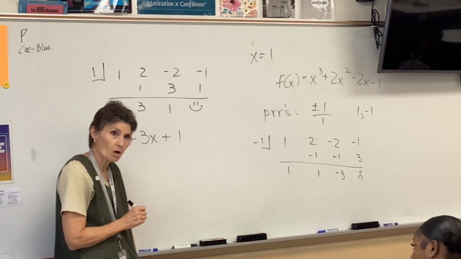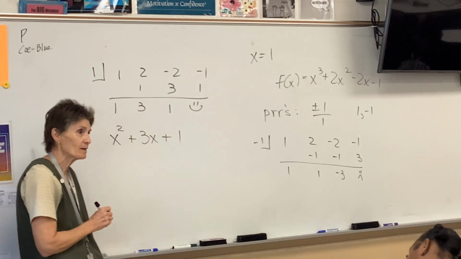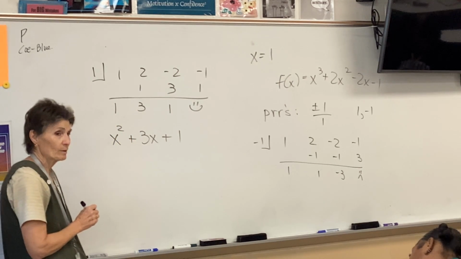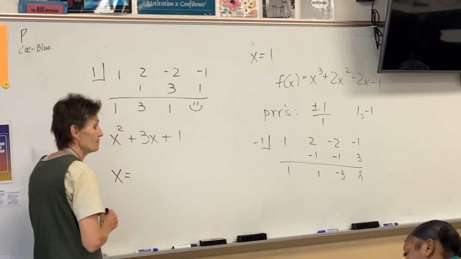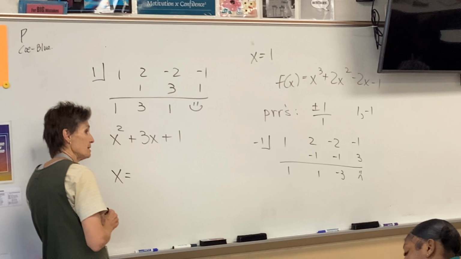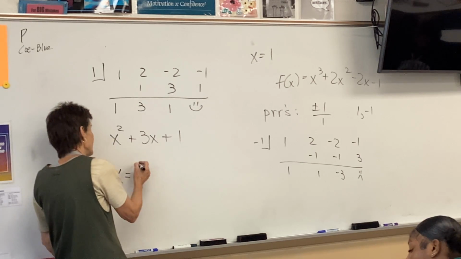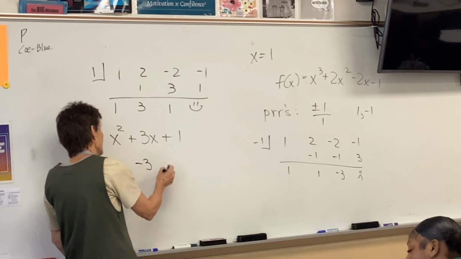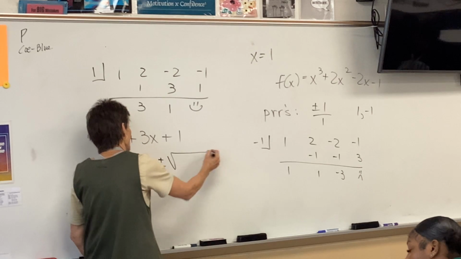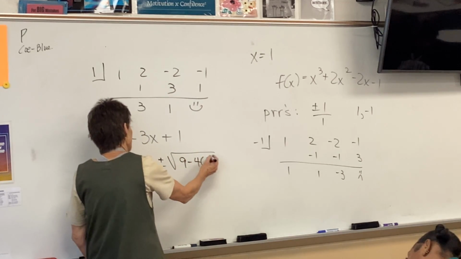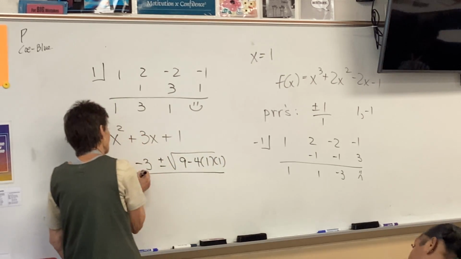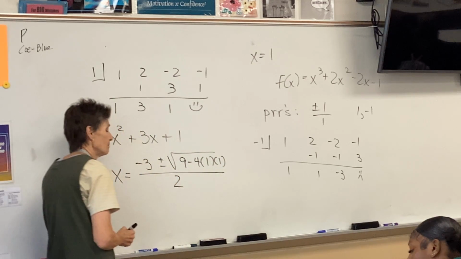If I still have to solve it, but it doesn't factor, what am I gonna do? Quadratic formula. Yep, quadratic formula. X equals negative b plus or minus the square root of b squared minus 4ac all over 2a.